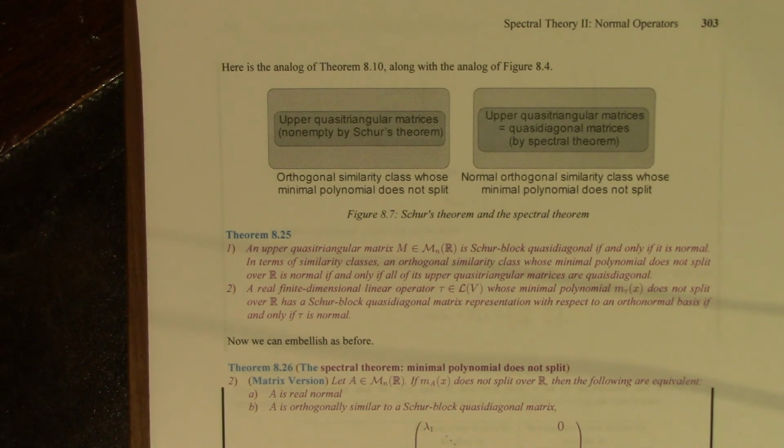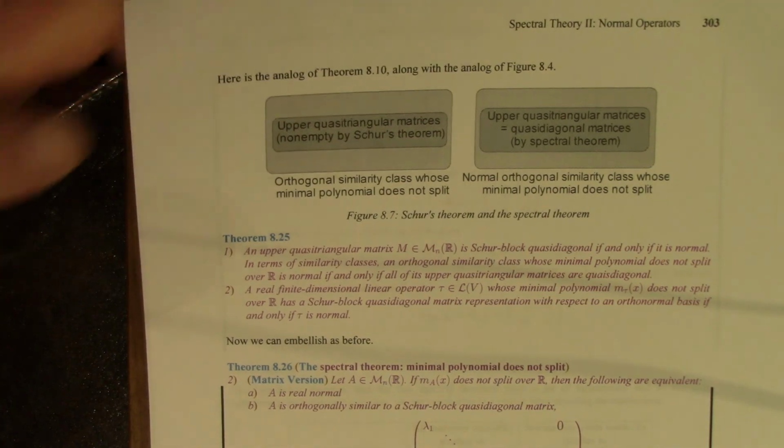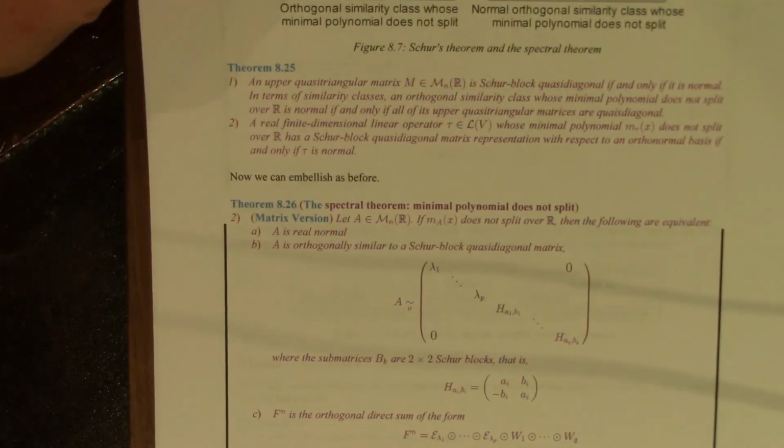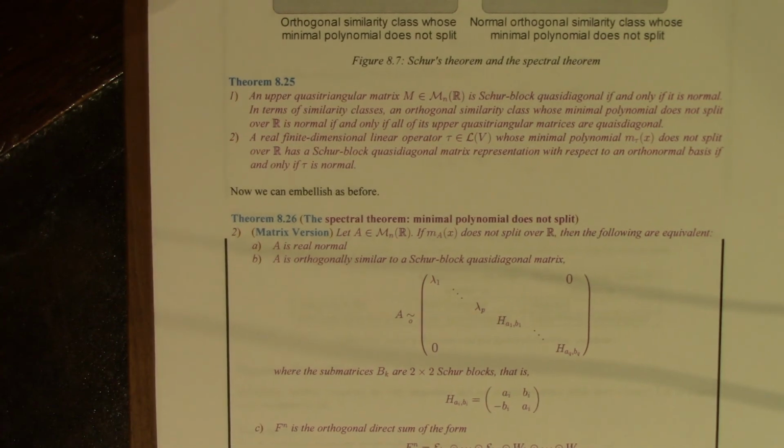The normality allows us to replace upper quasi-triangular with quasi-diagonal of a particularly nice form, Schur block quasi-diagonal. Here is the embellishment of the spectral theorem in the case where the minimal polynomial doesn't split.